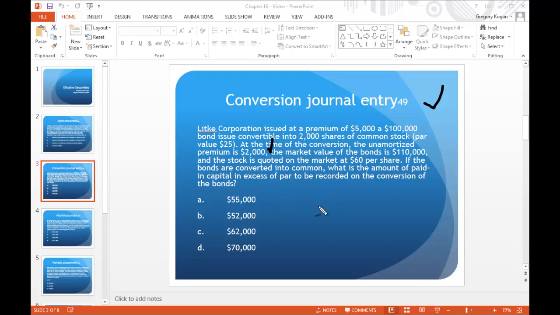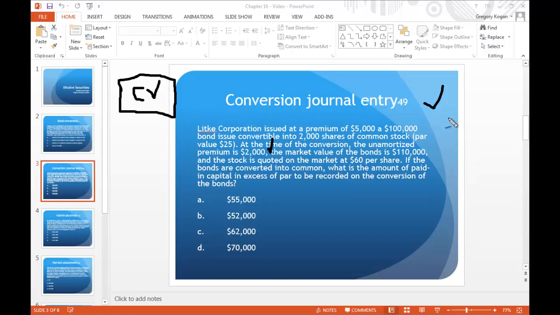So what the question is asking, we have a certain amount of bonds here, and we're trying to see what is the first question. On the theoretical side, we always want to see what is the carrying value of the bond at conversion date. That goes on the left, right?